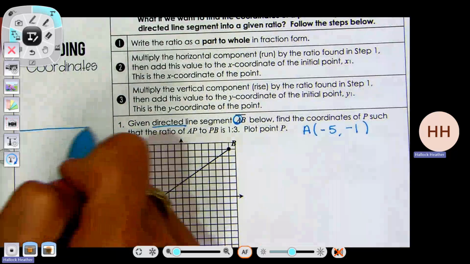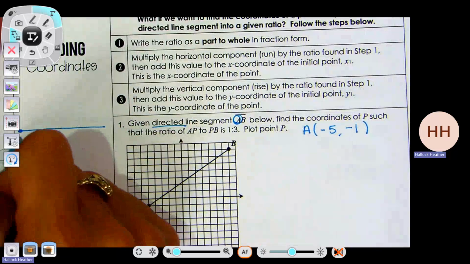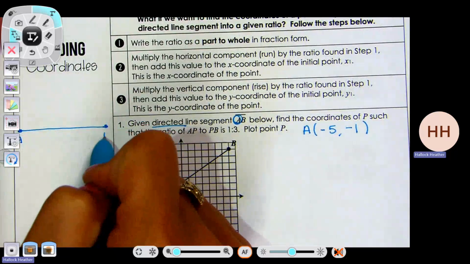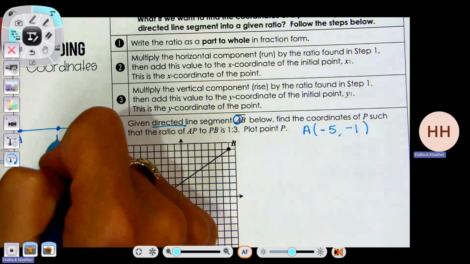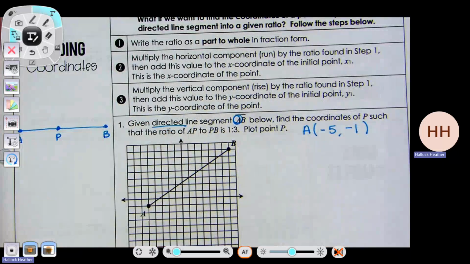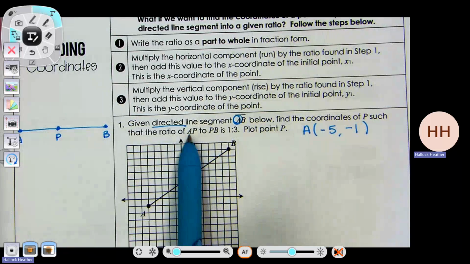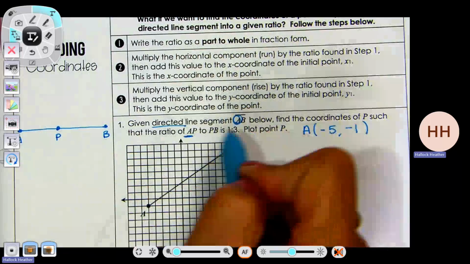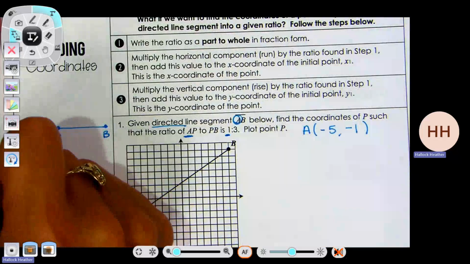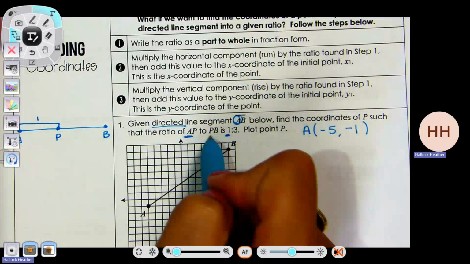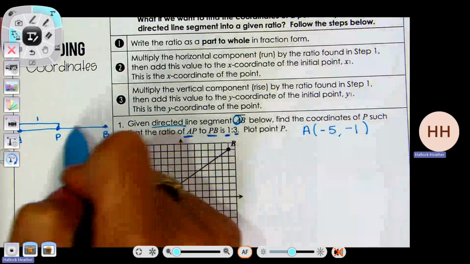Off to the side, let's draw a little line. I know I have A and I have B. I know point P is somewhere in the middle. It's not exactly in the middle, but P is between them. I'm going to make this into the ratio. It says A to P, the first two letters represent the first number in the ratio. So A to P is 1. And it says P to B is 3.